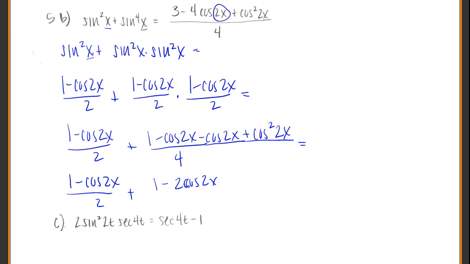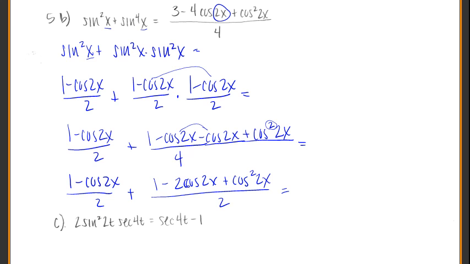When I multiply cosine 2x times cosine 2x, I just made a cosine squared 2x. I didn't change my angle, I just wrote it as cosine squared. When I combined these two together, I never changed my angle, I just said there was 2 of them. So the only time you can ever change your angle is when you've got an identity to help you out there. Alright, so let's keep working.